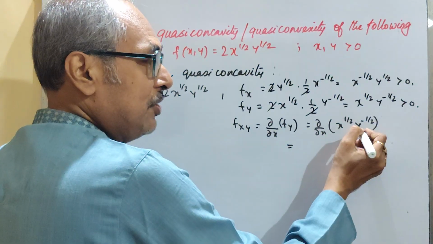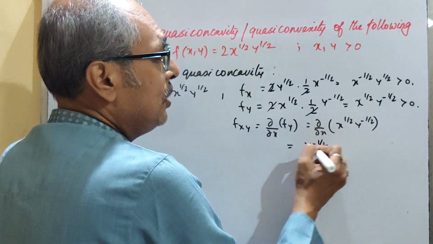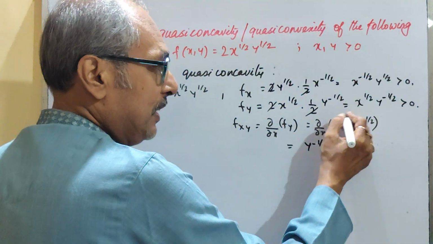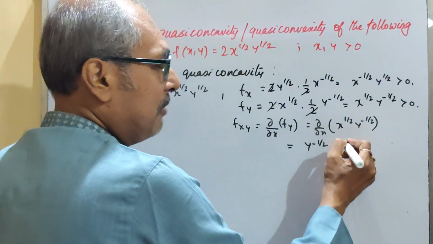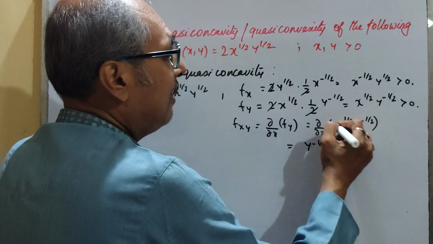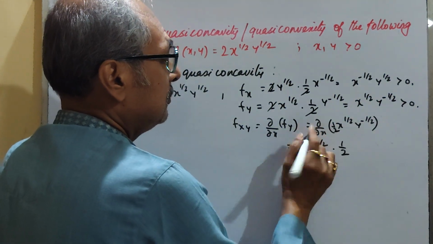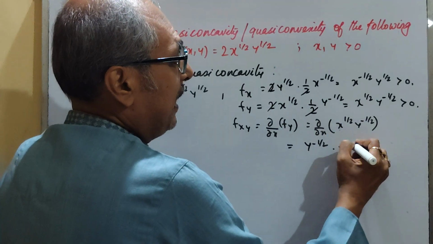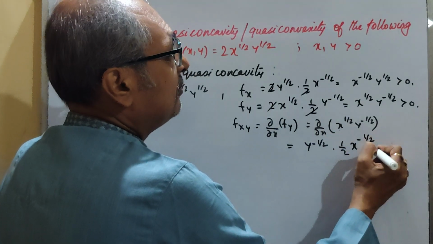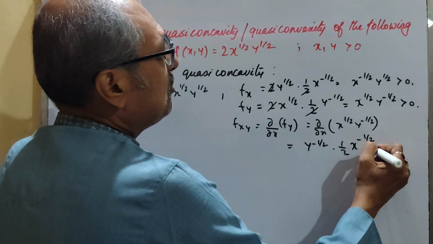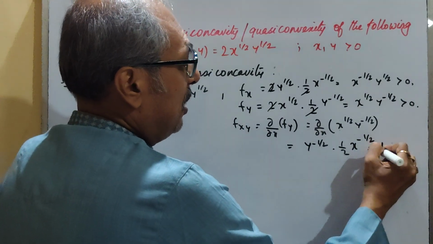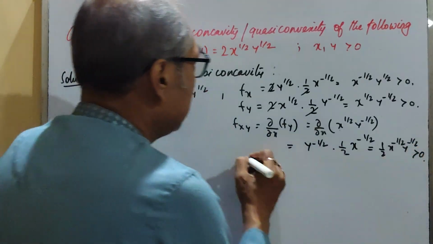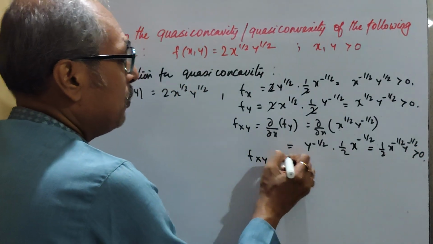Keeping y constant, we write y to the power minus half, and differentiating x to the power half, it becomes half x to the power minus half. That means fxy equals half x to the power minus half y to the power minus half, this is positive.